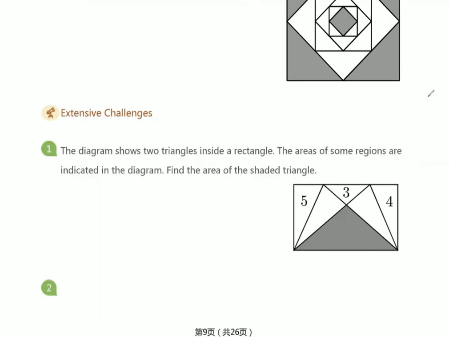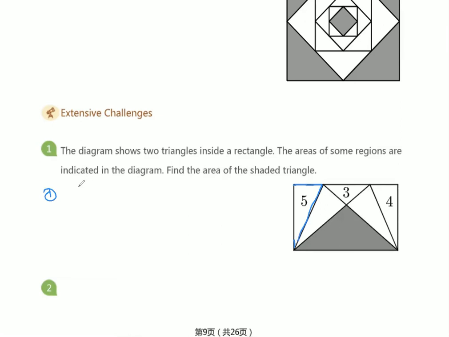Okay, so from this and using the half area model, we should be able to see that the area of all of these triangles that we have over here, so we've got 5, we've got 3, we've got 4, is equal to the shaded triangle that we have.